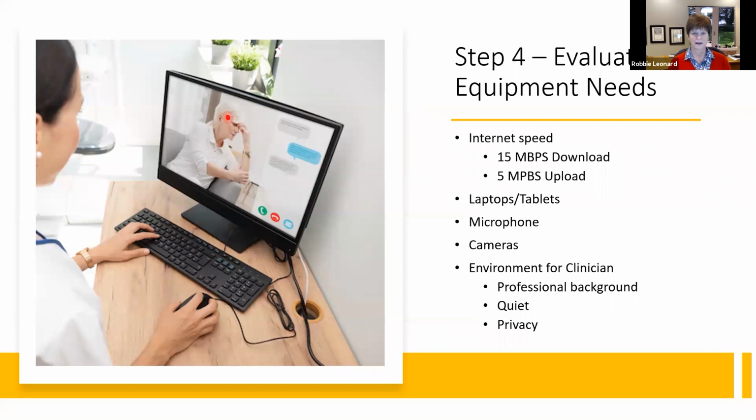That's not dramatically fast, but you want your therapist to, especially if they're going to be delivering these services at home, check their speed. You want to have a capability for your patients to check their internet speed. There's lots of speed test programs out there that you can run fairly simply. But again, having that information.